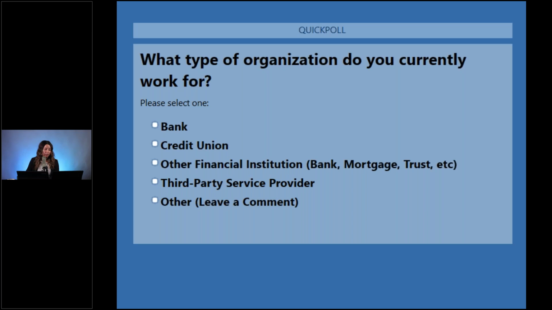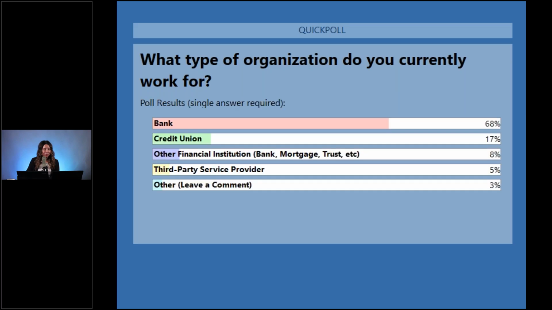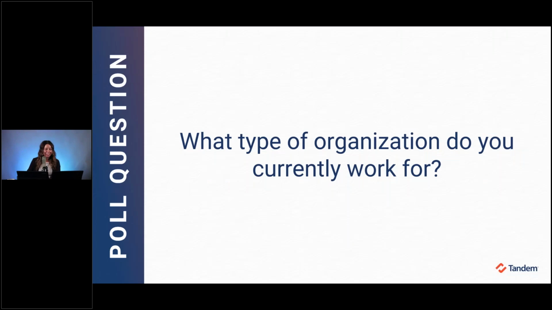We'll give a couple more seconds. Okay, you can go ahead and close the poll. We're seeing about 68% from banks and 17% from credit unions, and we do have a few from other institutions, third-party service providers, and others. If you haven't left a comment, please let us know where you're coming from. We would love to know that.